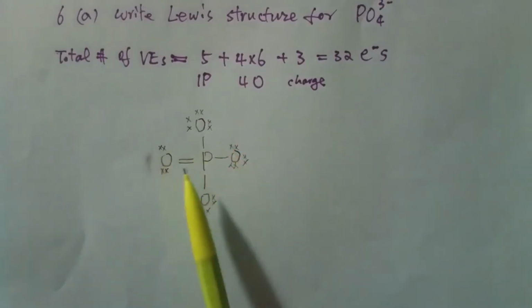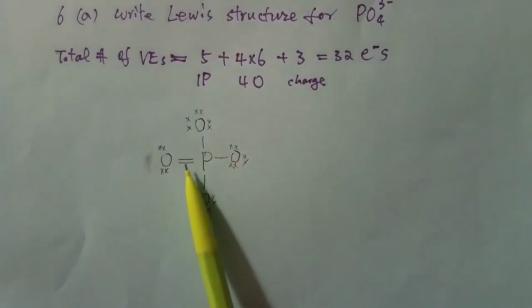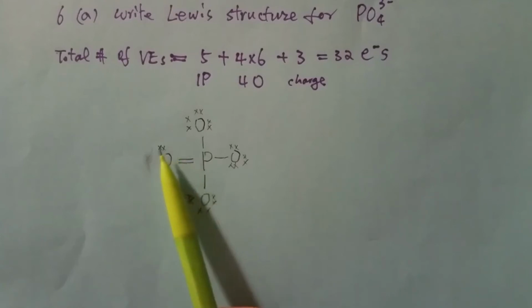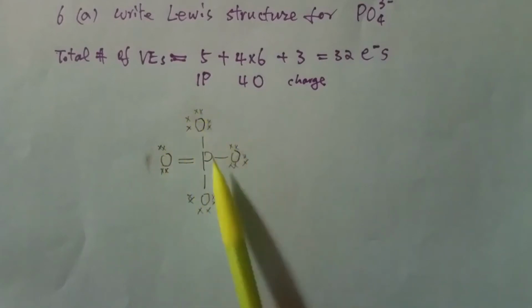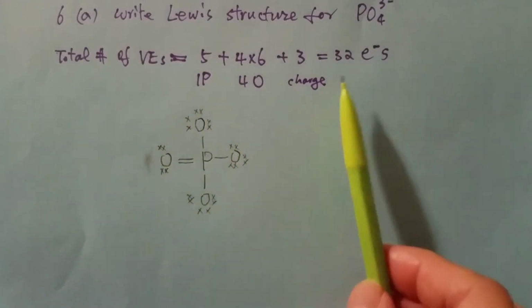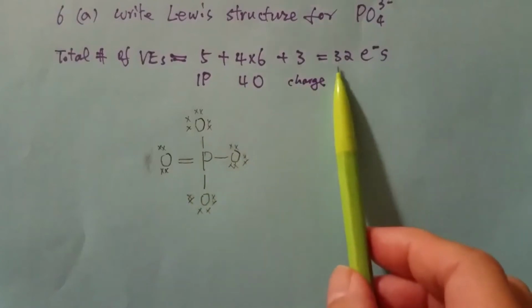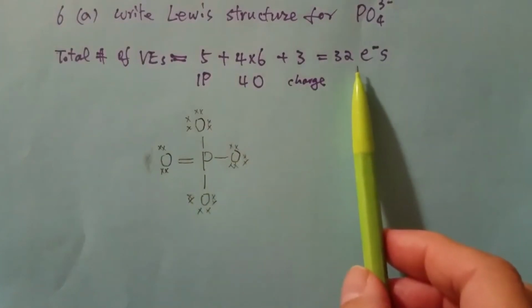That's also 2 electrons. Each line represents 2 electrons. That's 4, 5, 6, 7, 8. You see, this one's 8, that's 8, 8, 8. That also satisfies the octet rule, and the total number of valence electrons is 32.